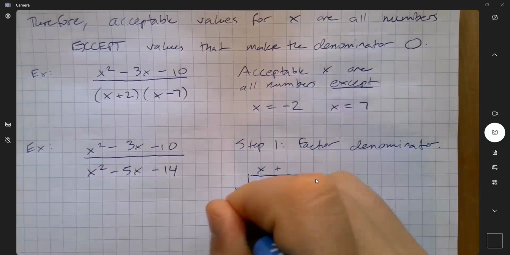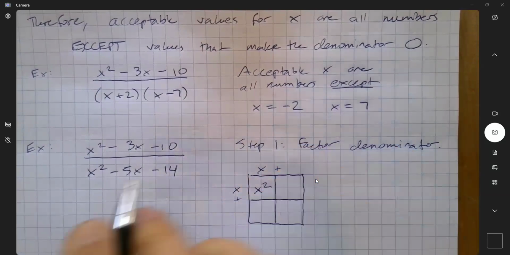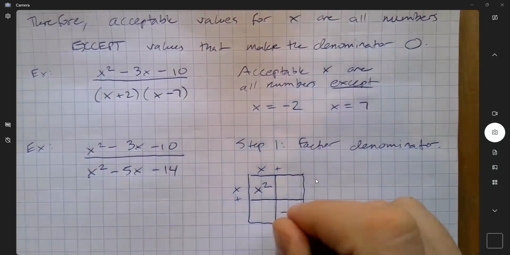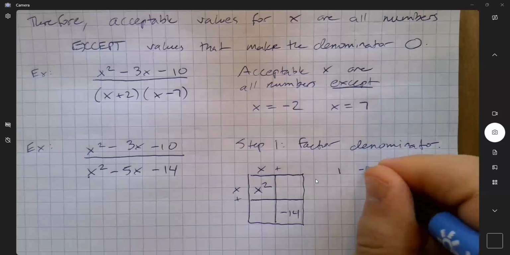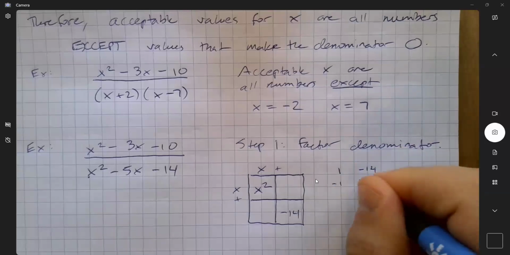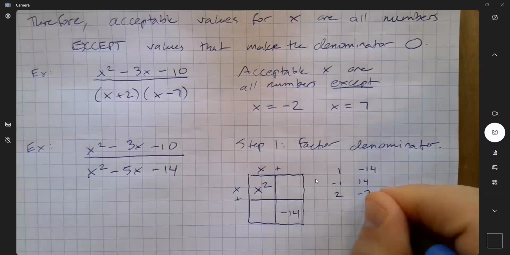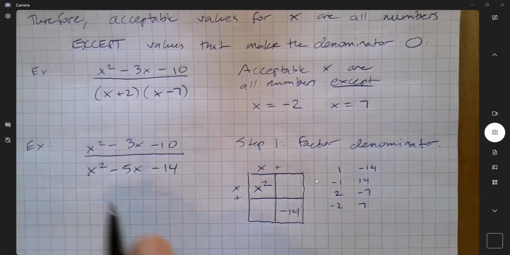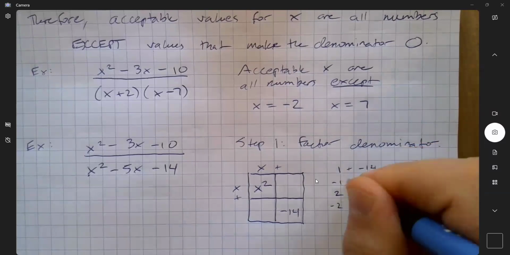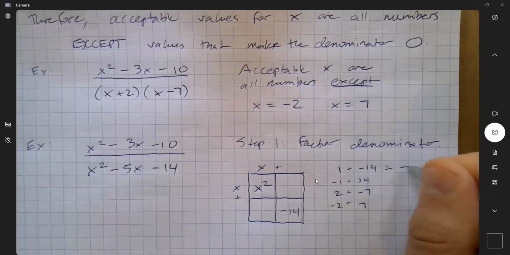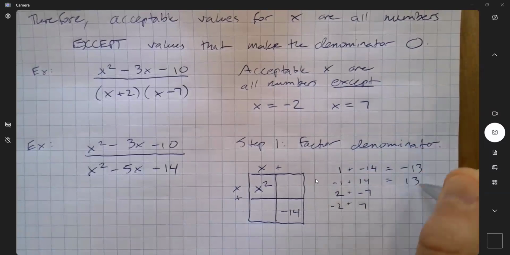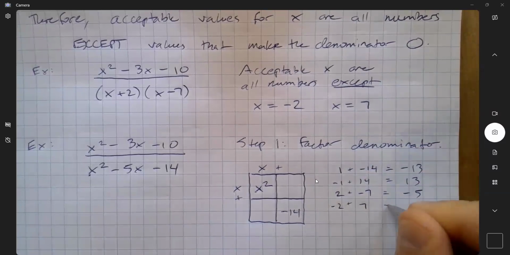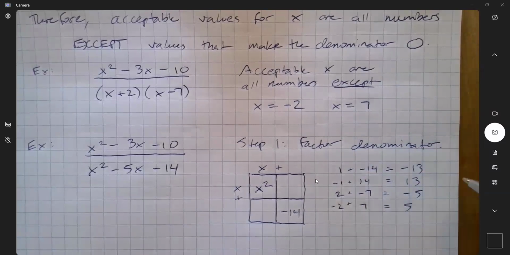I'm going to have an x squared, and I'm going to have a -14, so I need two numbers that multiply to be -14 and add to be -5. So let's see. -13, +13, -5, +5.